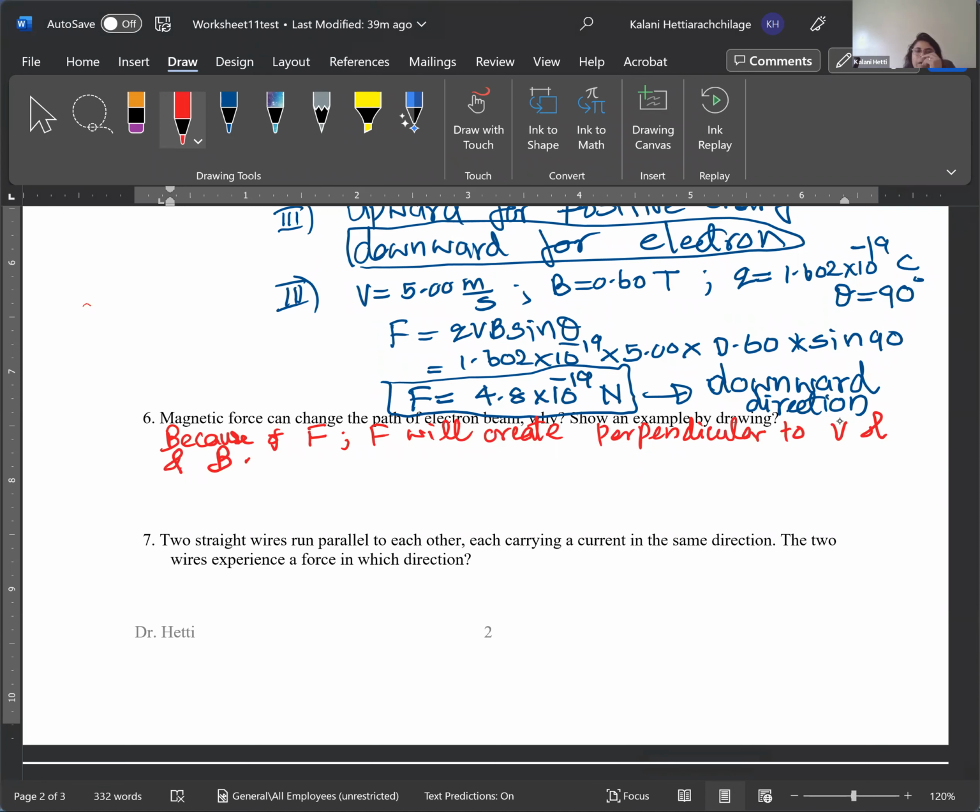Because F is in a totally different direction than V and B, it will create a deflection, or the path will be different, right?